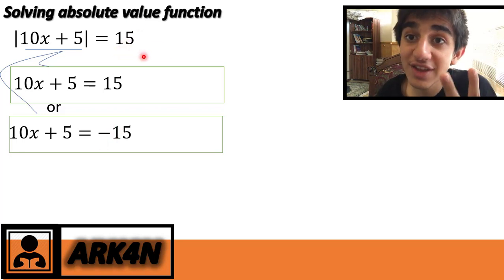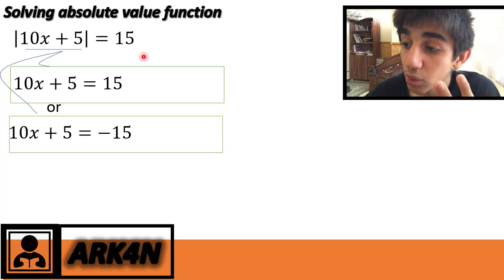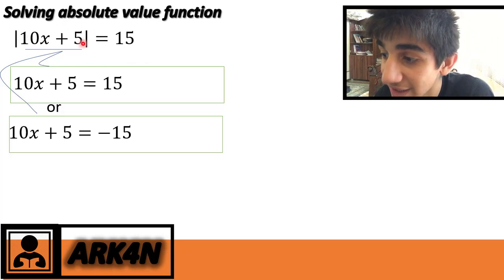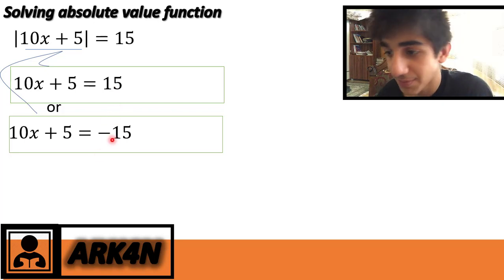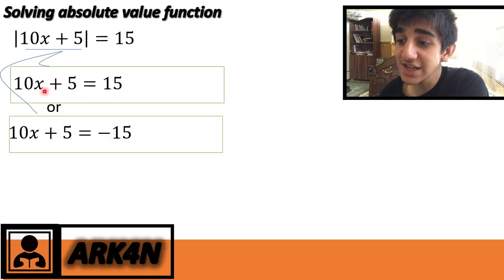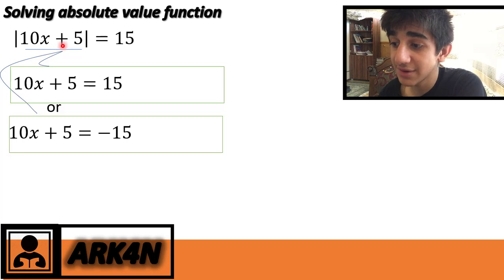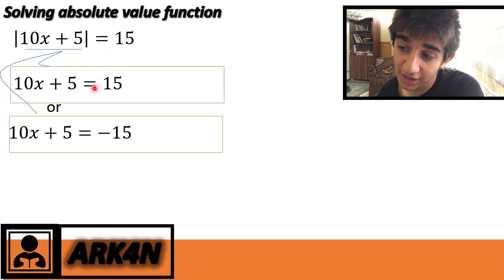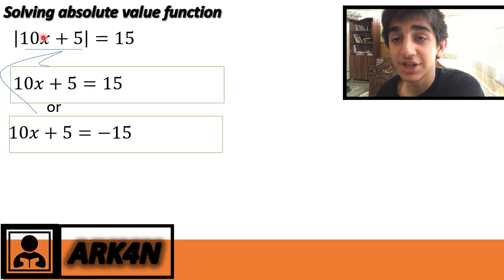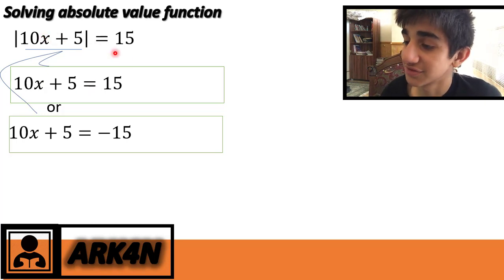So two different things can make this whole thing 15, either 15 or negative 15. If inside the absolute value we have negative 15, we get 15 again, and that's true. If we have 15 alone inside the absolute value, it gives us 15 again.